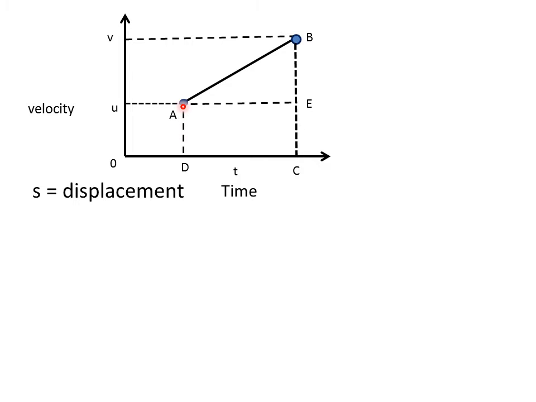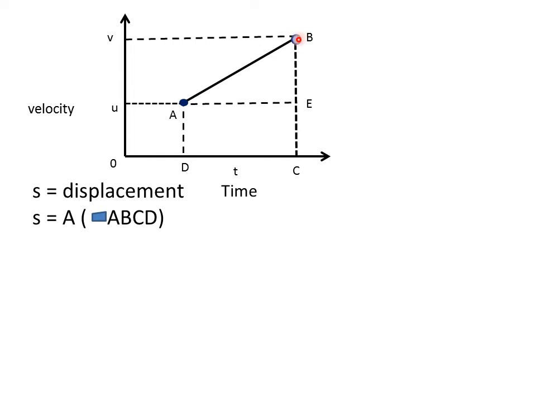Here which is the curve? Curve is AB, and area under the curve is nothing but displacement. So if you find out area of this quadrilateral ABCD, you will get the value of displacement. If you observe this quadrilateral ABCD, that quadrilateral ABCD is made up of two geometrical figures, right?